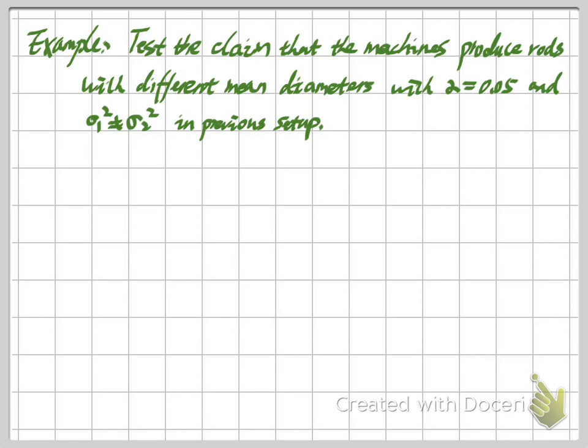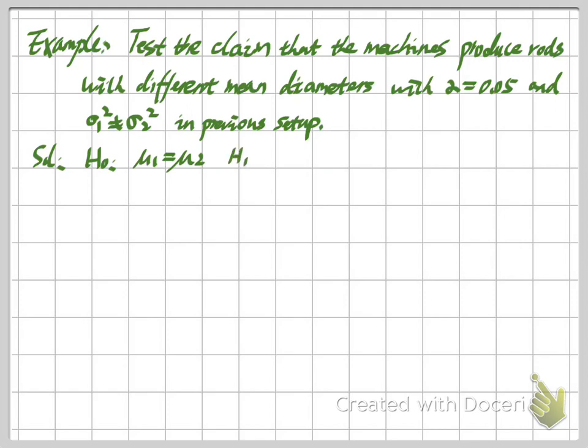Now in this one, we will work on the hypothesis test. They ask us to test the claim that the machines produce rods with mean diameters that are not equal. Although the question is interested in the means being different, when we create our hypothesis test, we always use an equation as the null hypothesis. This means when we write down H0, it is always mu1 equal mu2.